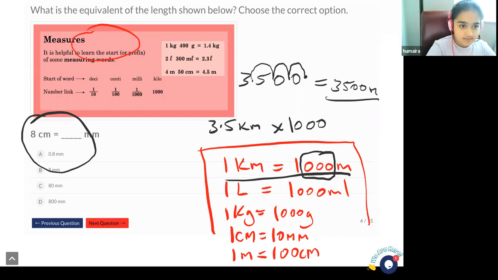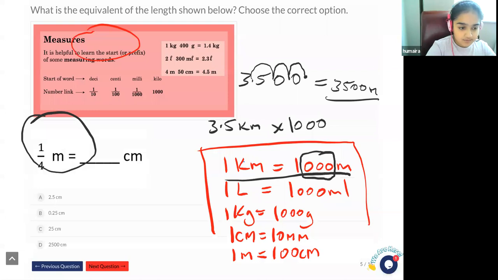If you look at the bottom there, it says 1 centimeter equals 10 millimeters. Now we're converting 8 centimeters into millimeters. I think that is going to be C, 18 millimeters. Well done.